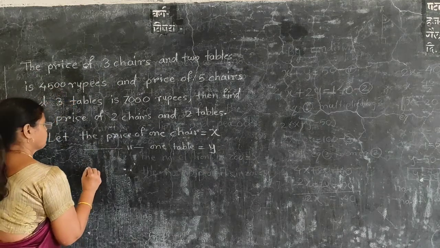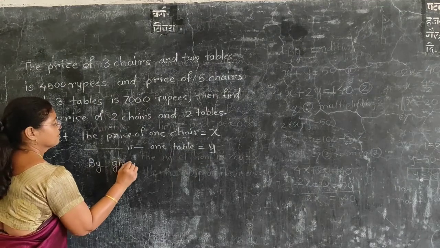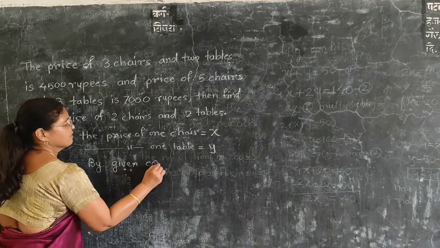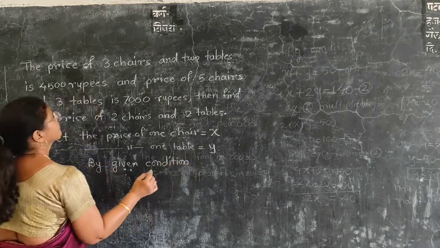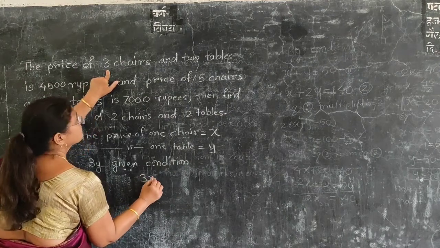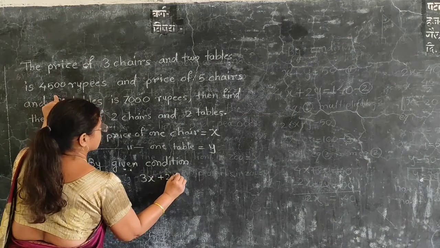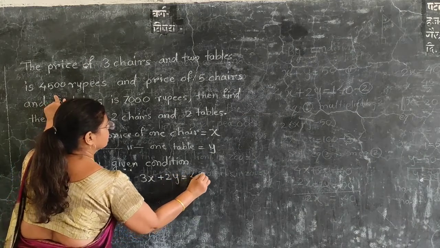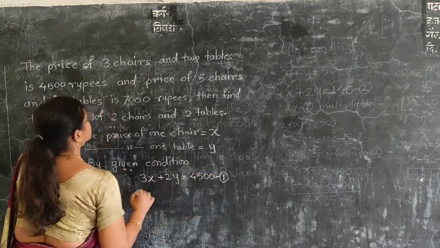The first condition is that the price of 3 chairs and 2 tables is 4,500. So by the given condition, 3 chairs, that means 3x, and 2 tables, that is 2y, equals 4,500. Equation 1.